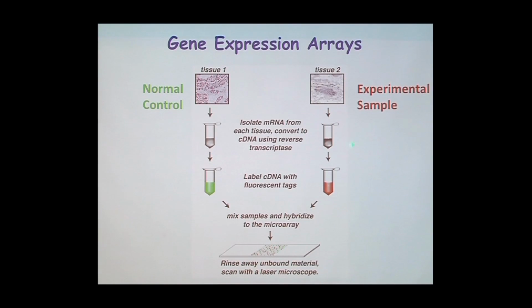So what we do is isolate RNA. So for the genes that are expressed, the DNA is transcribed into RNA, and the RNA is translated into protein. And remember that of all of our DNA, only about 2% codes genes that are expressed into proteins, right?